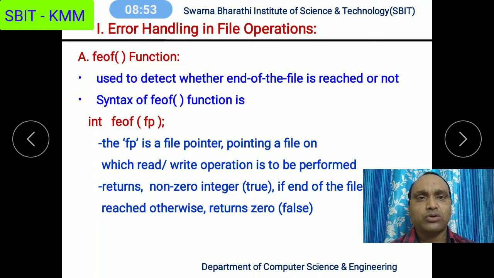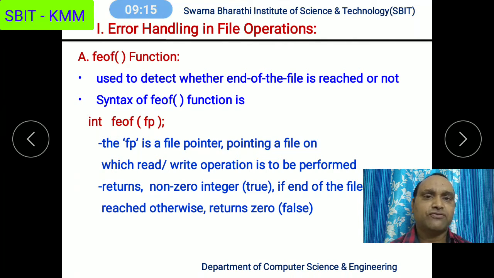Suppose we have not yet reached the end of the file, means the file pointer is pointing out some characters other than the end of file character. If that is pointed out by the file pointer FP, then the feof function returns a zero value.